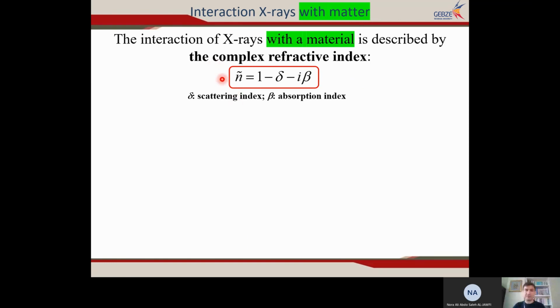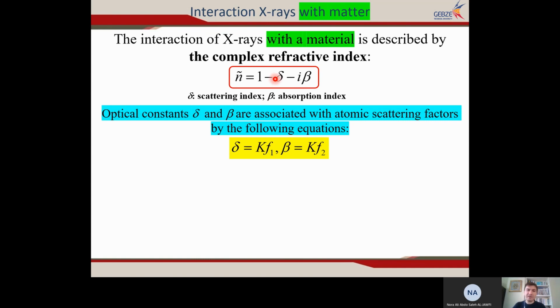This is n, the complex refractive index, equal to 1 minus delta minus i beta. As I told you, the imaginary part is related to the absorption and the real part is related to the scattering. This is delta, the scattering index, and this is beta, the absorption index. Okay, this is the complex refractive index.